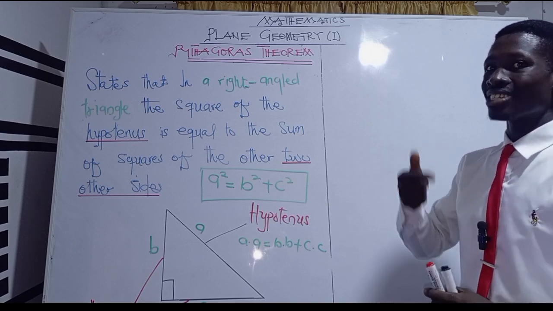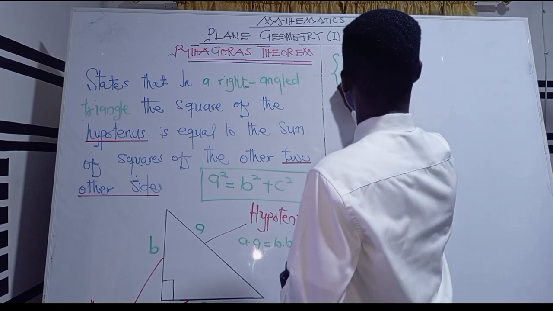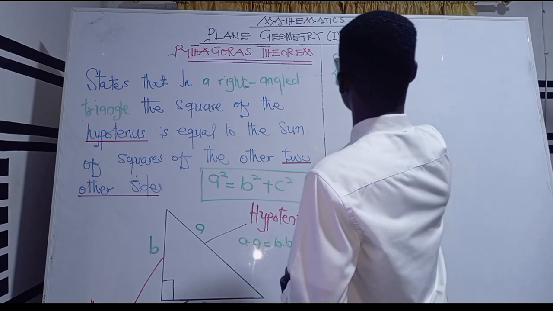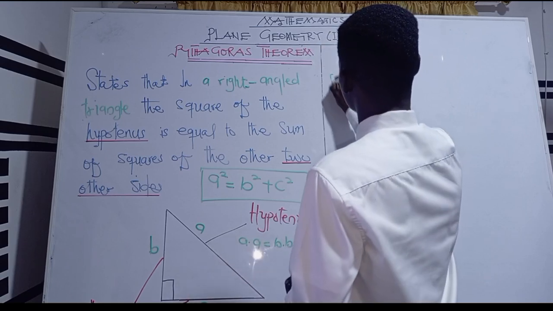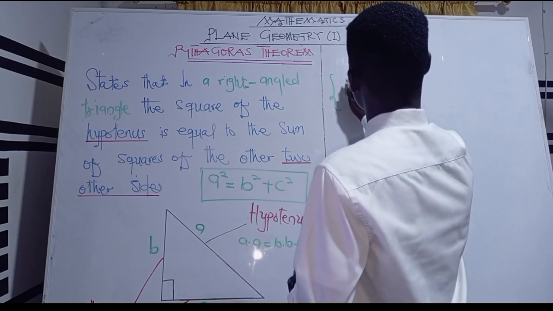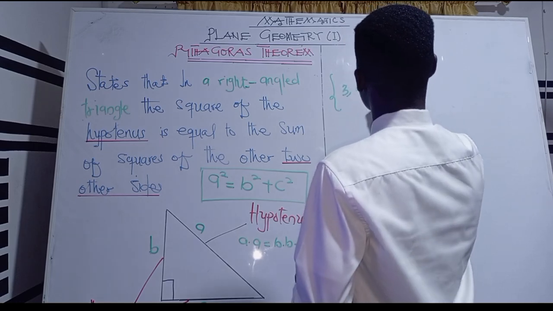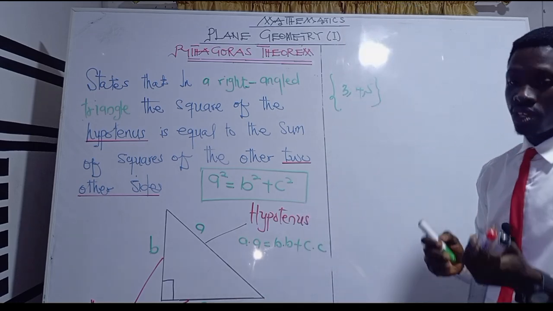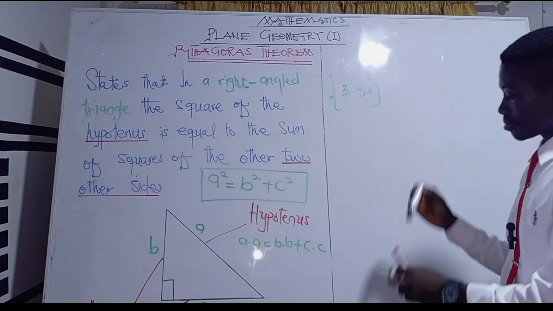That is the Pythagorean triple set of numbers. So we are going to use a set of numbers, or a right angle triangle with sides 3, 4, 5. So let's draw the right angle triangle with this given size.